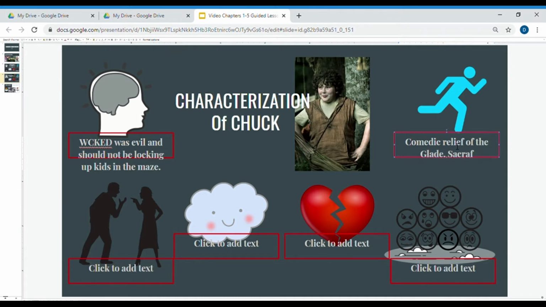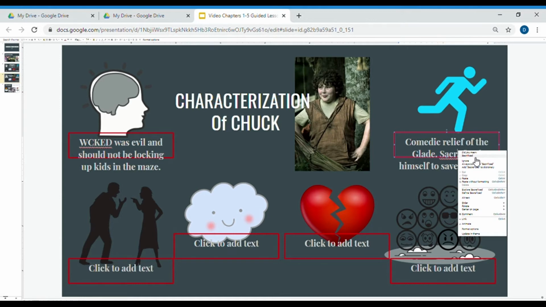If I could spell. Sacrificed himself to save Thomas. Still can't spell that word. Luckily, we're a digital classroom now, and I can change or automatically spell check.